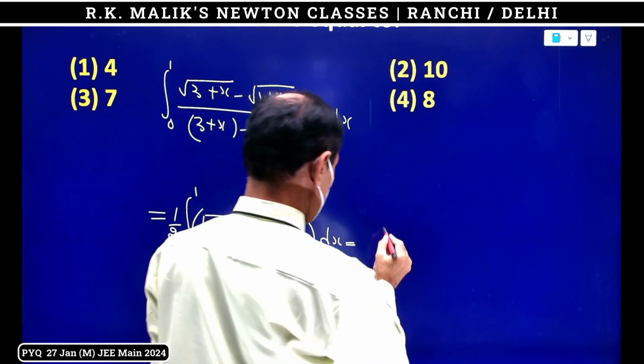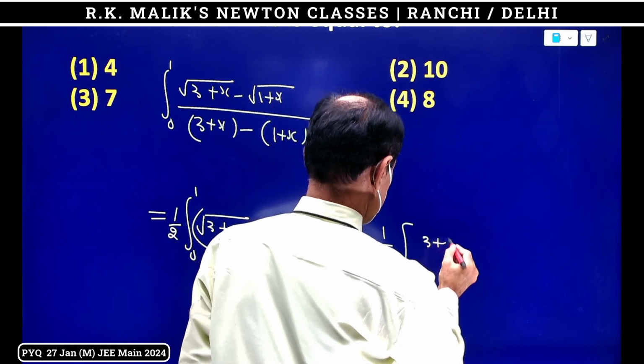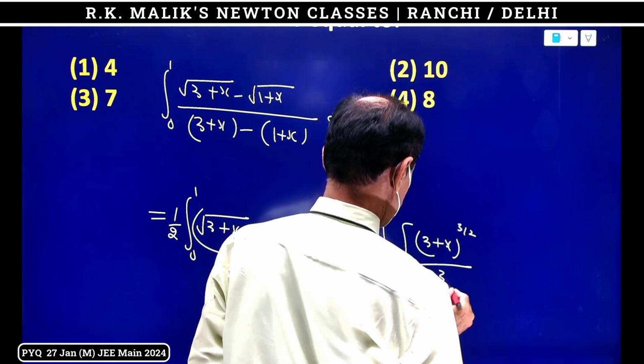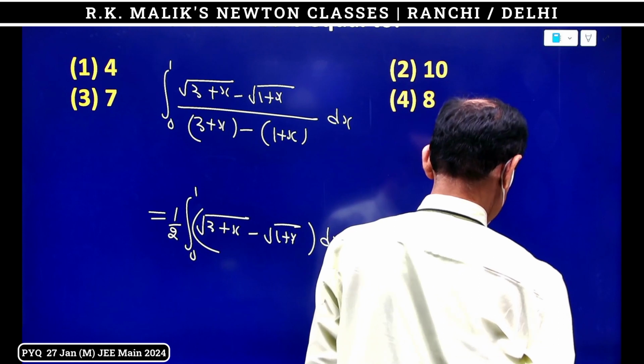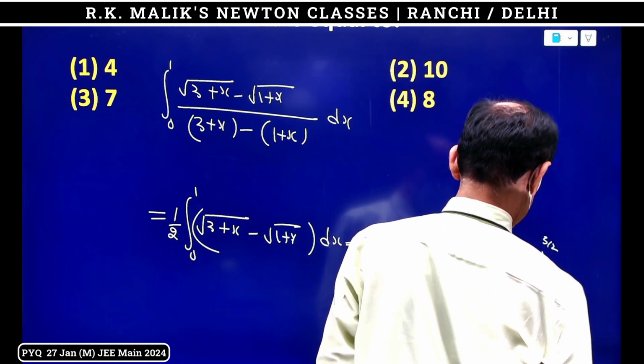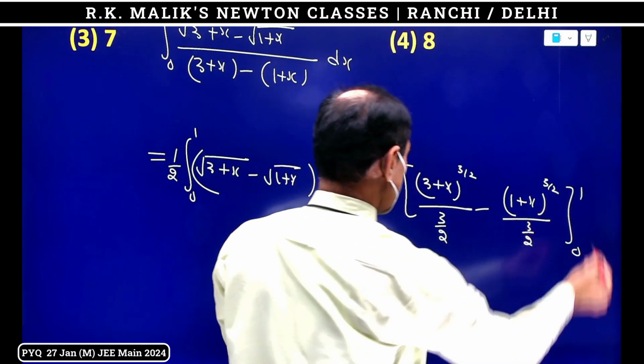This is equal to 1 by 2 into 3 plus x to the power 3 by 2 upon 3 by 2 minus 1 plus x to the power 3 by 2 upon 3 by 2 and limits 0 to 1.